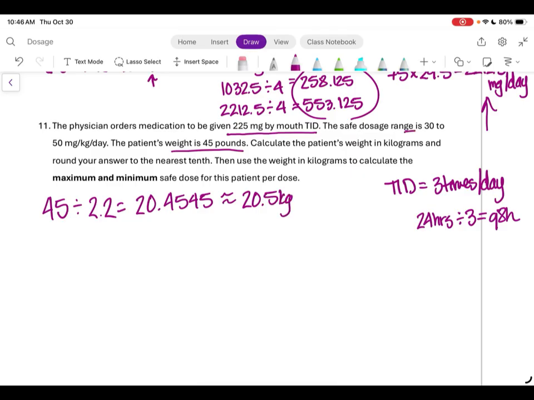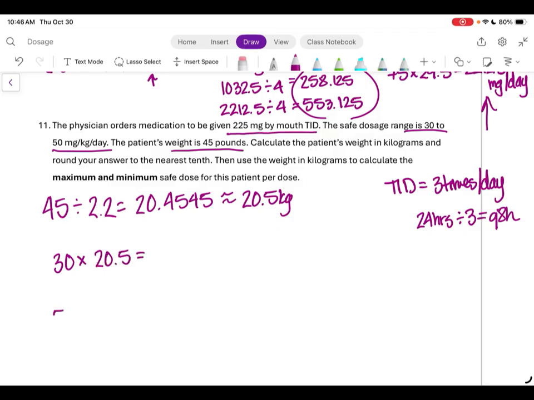Right? Here's my dose range. So we'll do 30 times 20.5 and then 50 times 20.5. Right? Let's figure that out real quick.